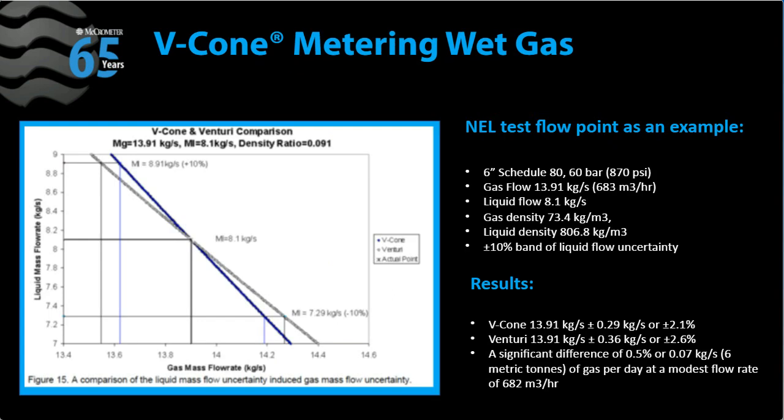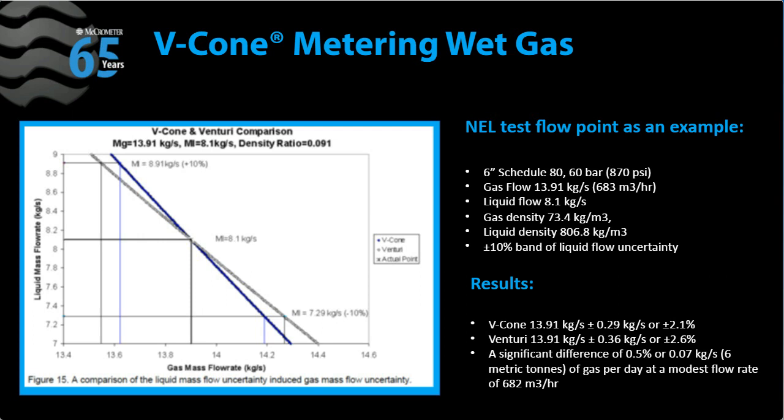And to go over a specific wet gas meter that was calibrated at NEL, which is a third-party facility in the UK. This was a 6-inch Schedule 80 meter in service for 870 psi. The gas flow was 13.91 kilograms per second, liquid flow of 8.1 kilograms per second.